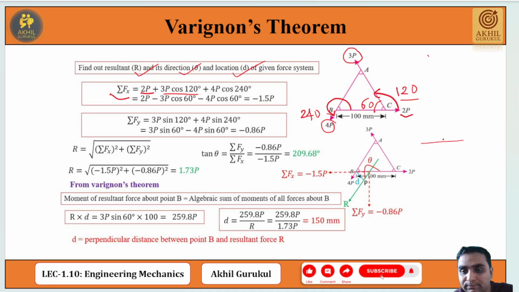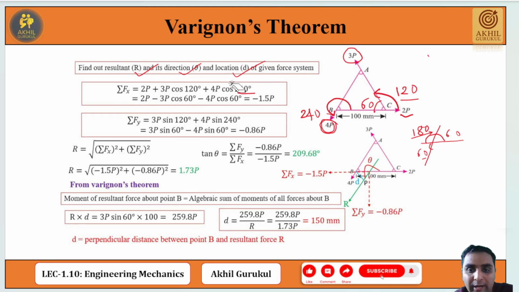We can see it like that. This angle is 180, this angle is 60, means this angle is also 60. So 180 plus 60 is equal to 240. So the horizontal component of 4P is 4P cos 240.